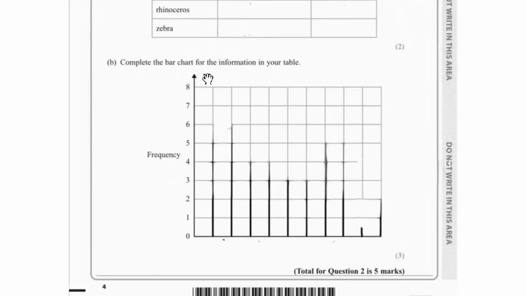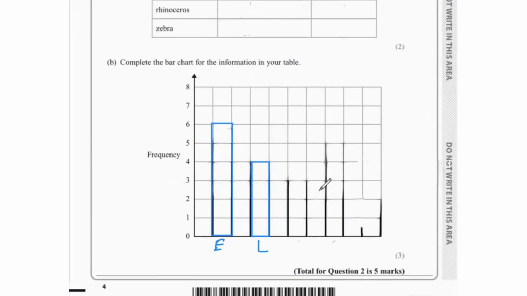Then it says complete the bar chart for the information in your table. For elephants, it was 6. So we draw a bar with a height of 6, and then we write elephants over here. Then for lions, it was 4. So using the height of 4, we have this bar for lions, and we leave a gap in the middle because for the bar chart, there's a gap between the bars.